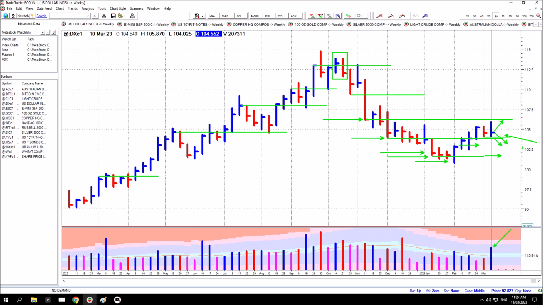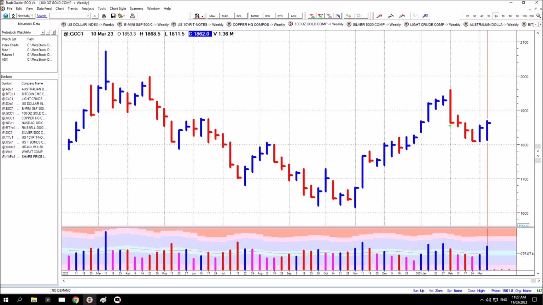The other thing to note is when this market is strong and other markets, in particular like gold and copper have been more recently, and they're able to absorb the strength in this market and maintain their levels like this. Gold didn't break down here when the US dollar was stronger.